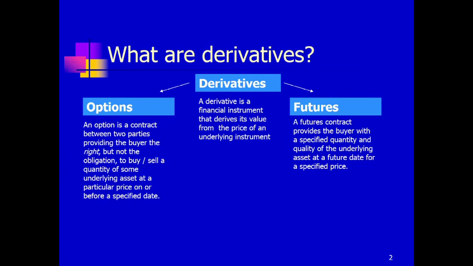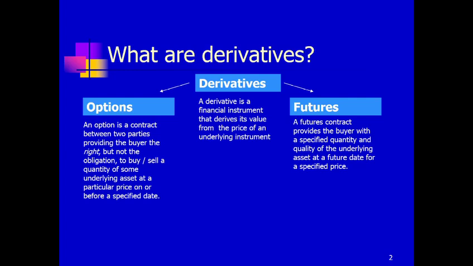If I have gone long on a futures contract today, it tells me I must pay something in the future. If I've gone short on a futures contract today, it tells me I must deliver something in the future. There is no choice. Now this makes, of course, calculating futures contracts remarkably easier than calculating options contracts.